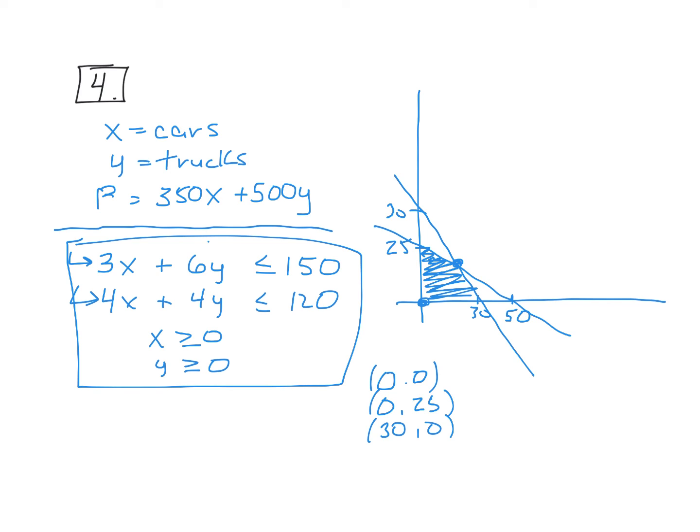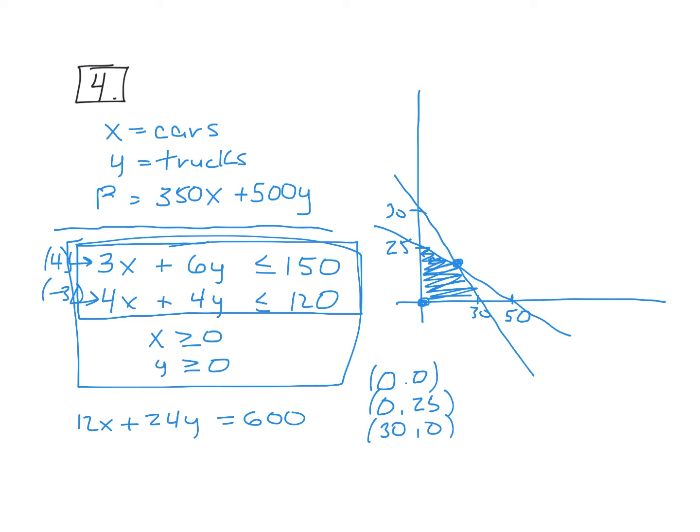All right, so solving this system of inequalities, I'm going to multiply the top by 4. So if I multiply the top one by 4, I'm going to have 12x plus 24y is equal to 600.